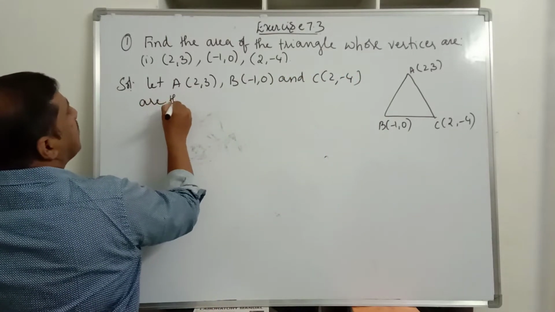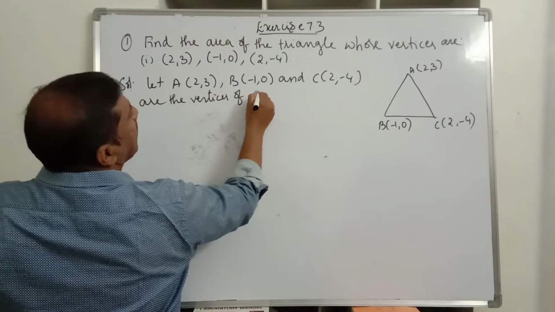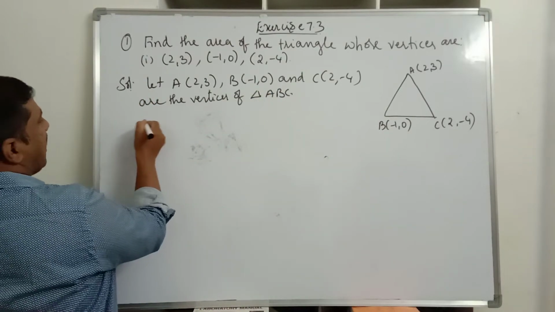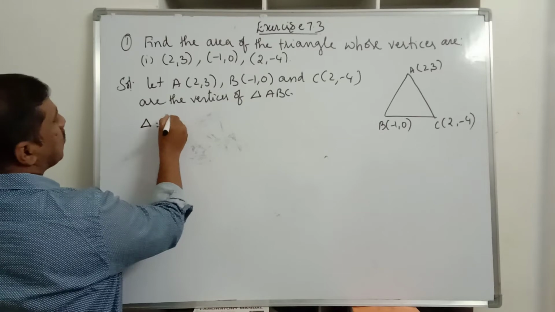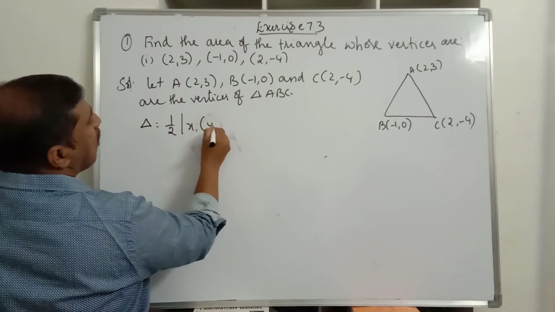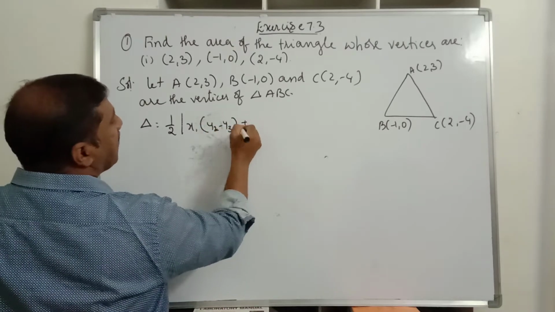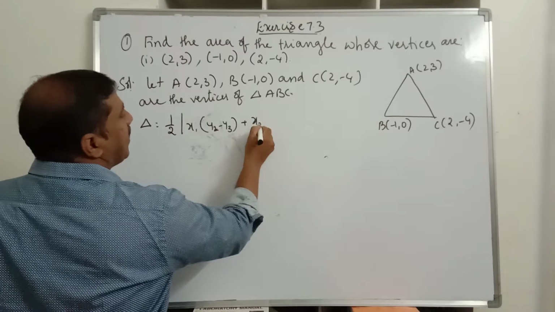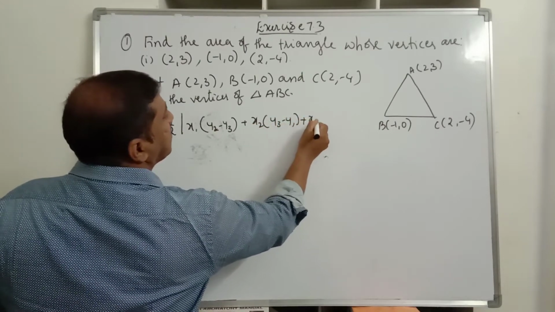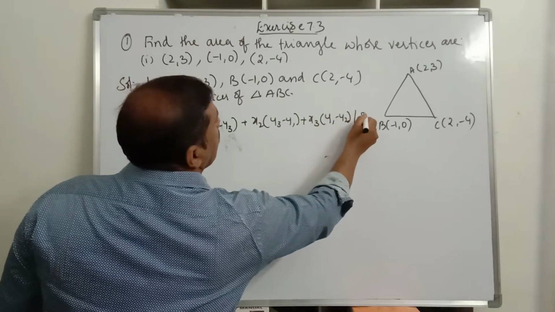Now the area of triangle ABC, that is delta, is equal to half into modulus of x1 into (y2 minus y3) plus x2 into (y3 minus y1) plus x3 into (y1 minus y2) square units.